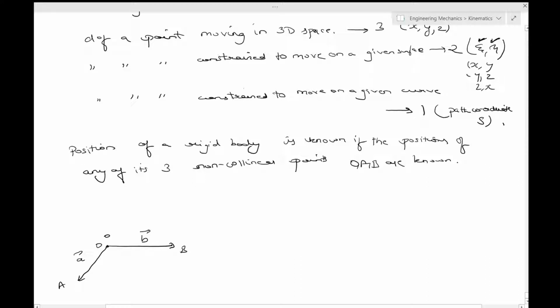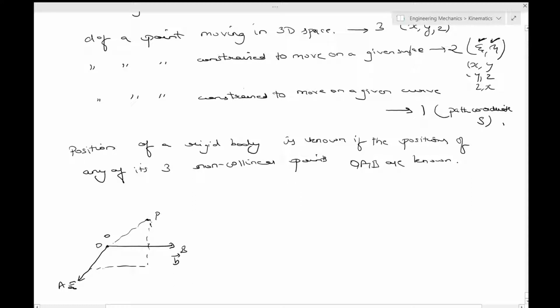Because any point in that rigid body, for example P, can be written in terms of some fraction of A or A and B. Sorry, this should not be here, let's call this B, this is A. Then any point P of this rigid body can be known in terms of A and B.